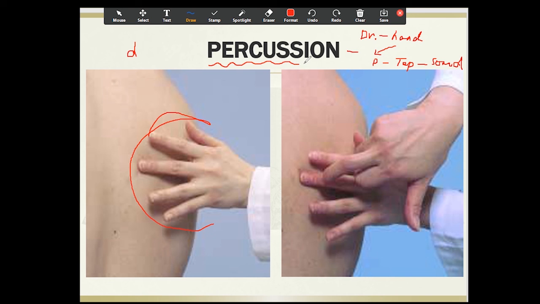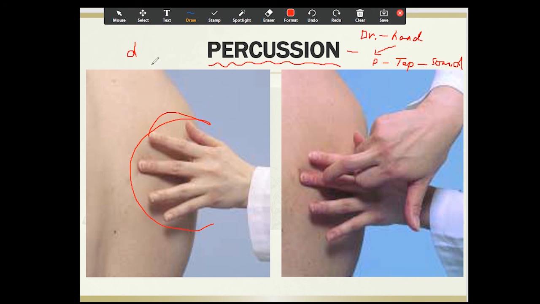So that's percussion. It's pretty easy to confuse palpation and percussion. Palpation, you just feel it, nothing to do with sound. Percussion, we hear the sounds coming from the doctor's hand tapping the patient's body.